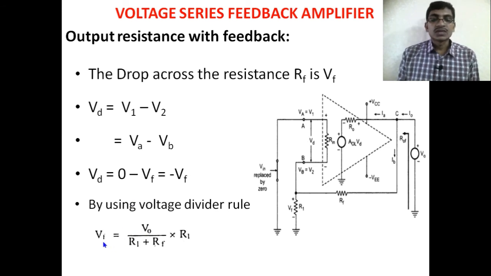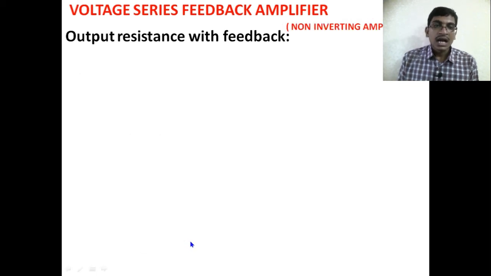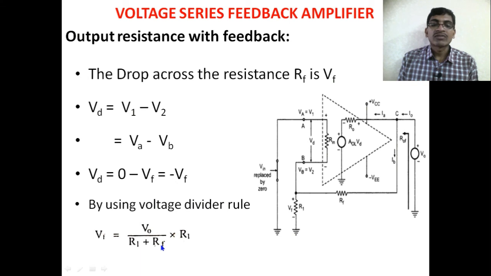How do we calculate Vf here? By applying the voltage divider rule. In this loop the applied voltage is V0, so Vf is equal to V0 into R1 divided by R1 plus Rf. We already know that R1 by R1 plus Rf is nothing but beta.